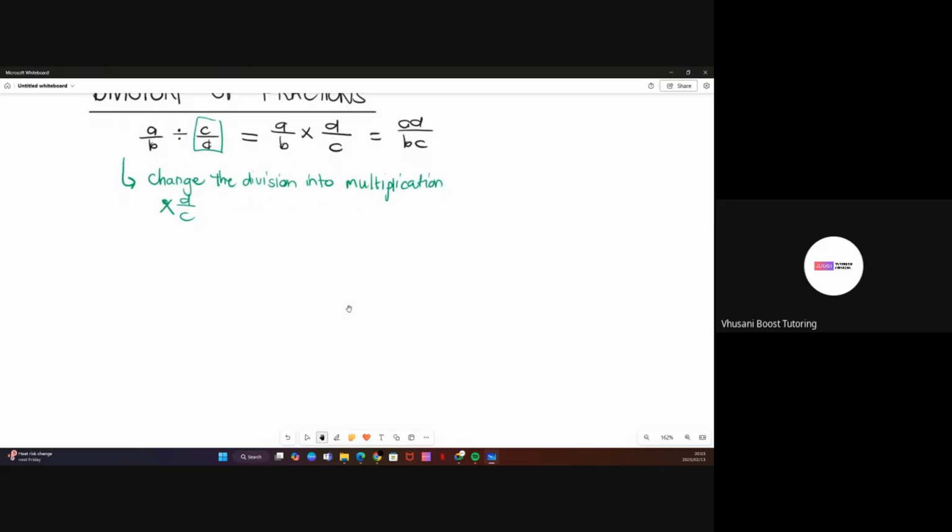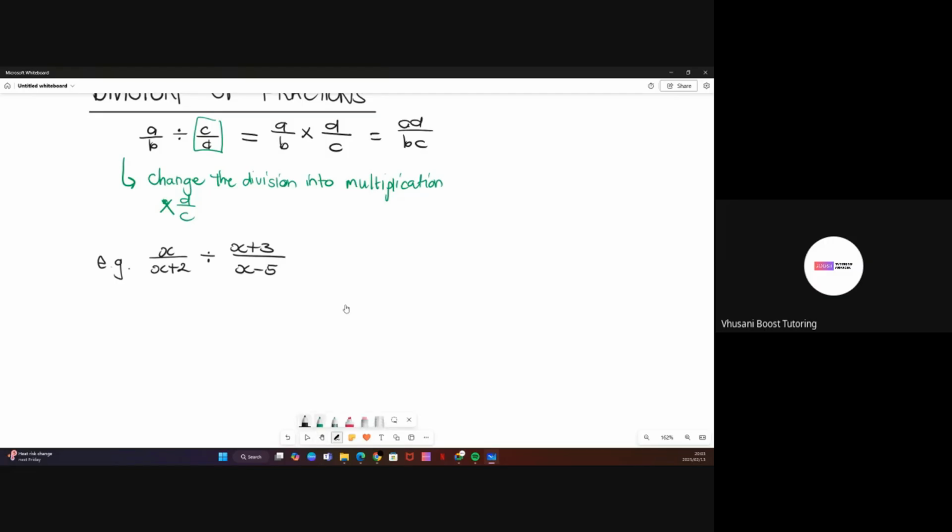Okay, so let's do an example. I'm going to start off with the easy example, and then I'm going to maybe do one that people might find challenging. So let's start off with this one. x divided by x plus 2 is divided by x plus 3 divided by x minus 5, right?